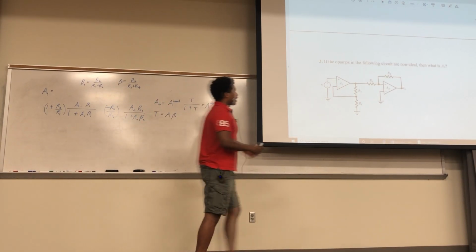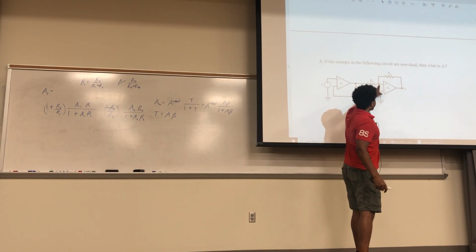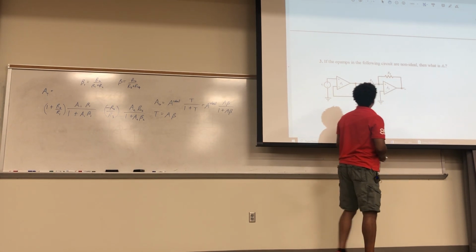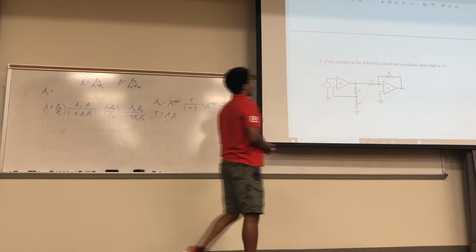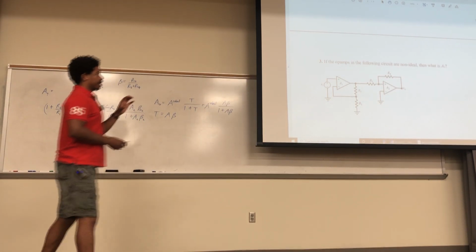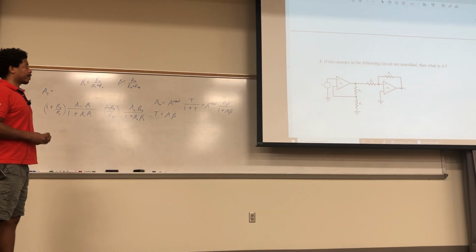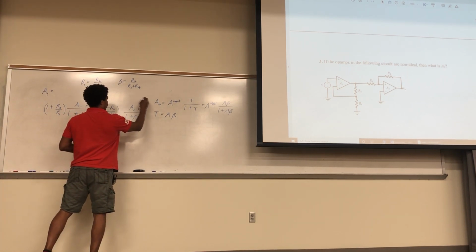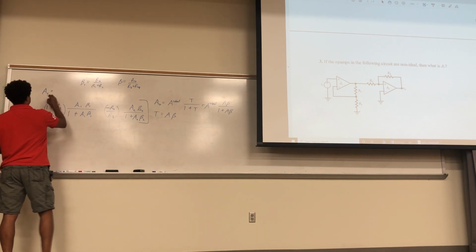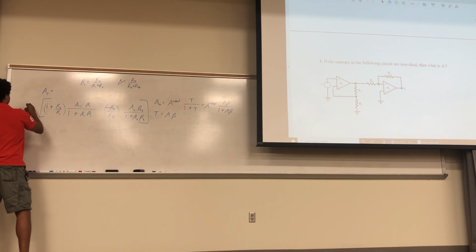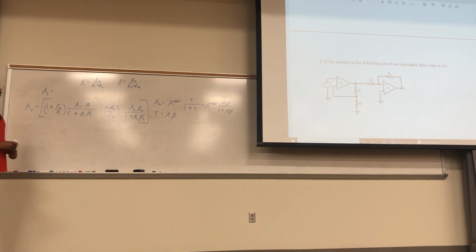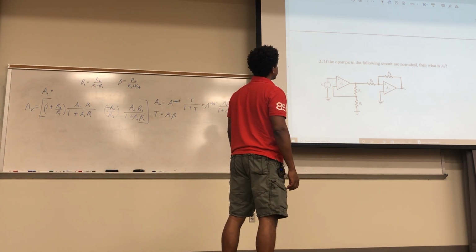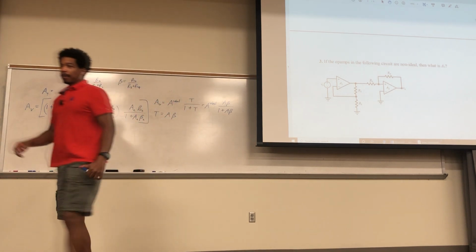If you don't remember, then let's do KCL right here. That's ground. You got that current and this current. Just do KCL, and that'll help you determine what beta is. Okay, so this is the whole thing right here, and this is AV.